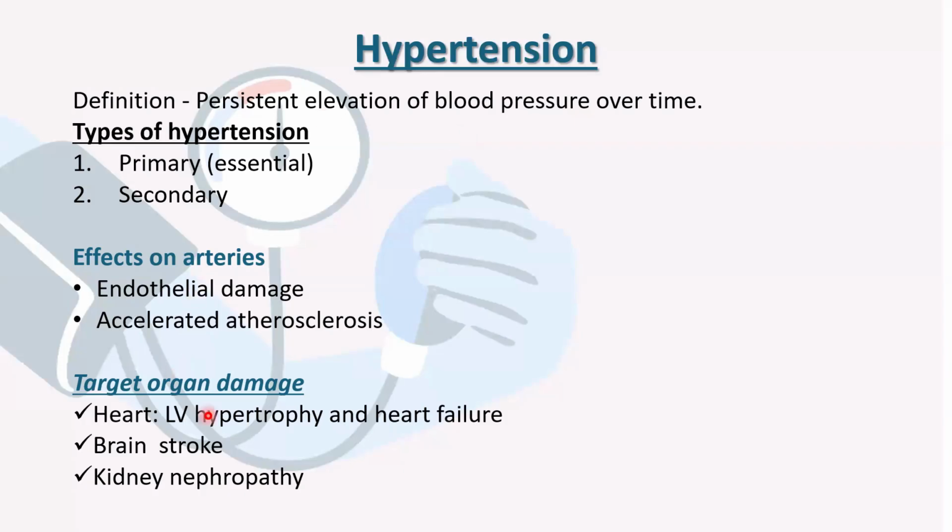You can have left ventricular hypertrophy, and when you have that, you can have heart failure. You can have stroke. You can have kidney nephropathies. You can have, once again, atherosclerosis. You can have splenic infarcts, liver cirrhosis, all those conditions can come in.